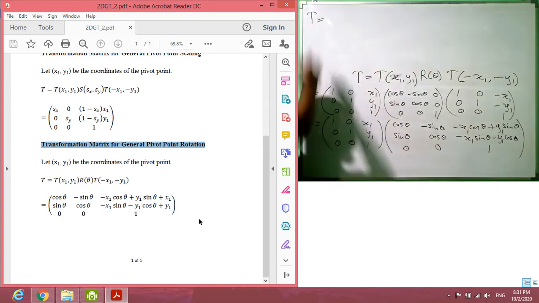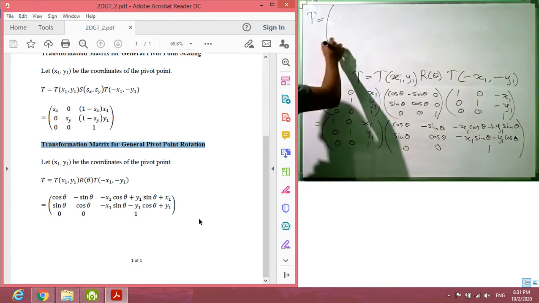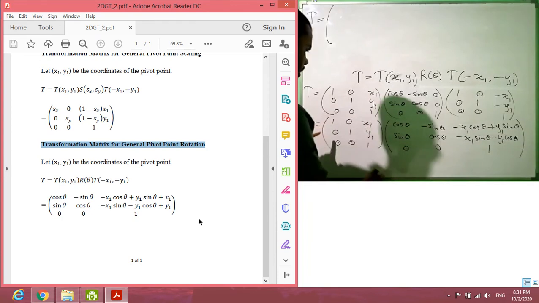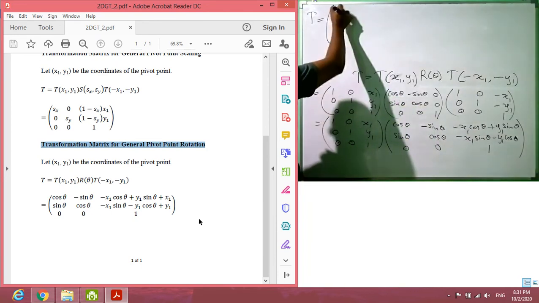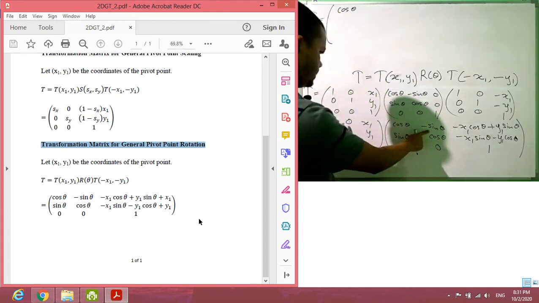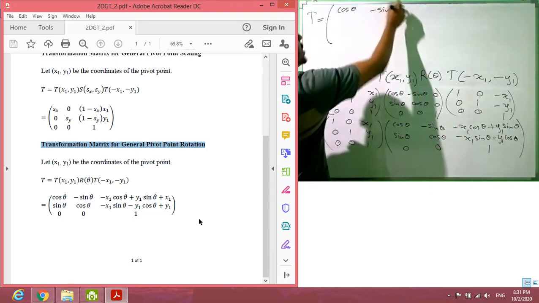T means here we get 1 into cos theta, 0 0, cos theta, 1 into minus sin theta, 0 0, minus sin theta.